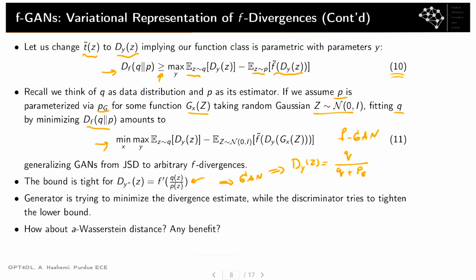Now, a natural question here is that, well, we now found a way to talk about generative modeling using various F divergences. But there is another class of distances between distributions, notably variational distance. Okay. Can we also come up with a GAN formulation if we want to minimize the variational distance between the underlying distribution as well as our parametric distribution? And if so, is there any benefit in using the variational distance over F divergences?